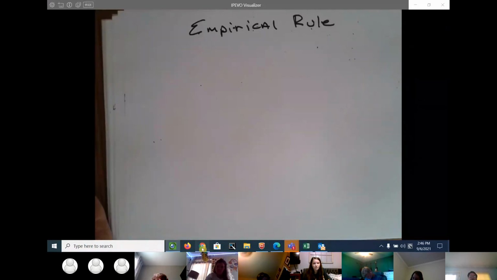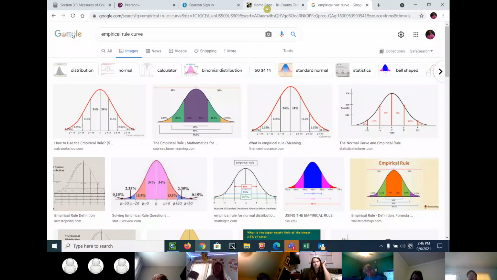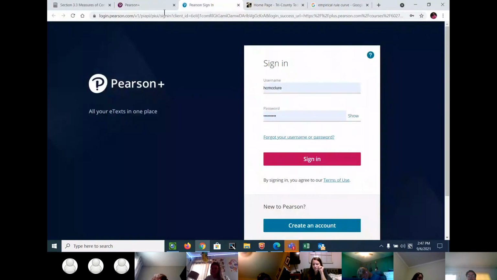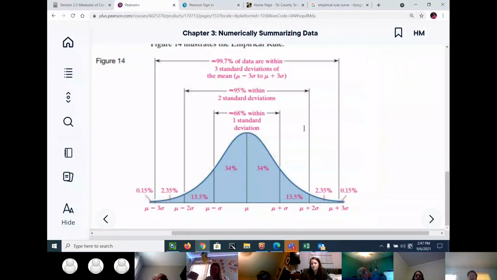So make sure you got a good understanding of the empirical rule. A good understanding of the empirical rule is 95%, and write this down, 95% of the population will fall between two standard deviations.